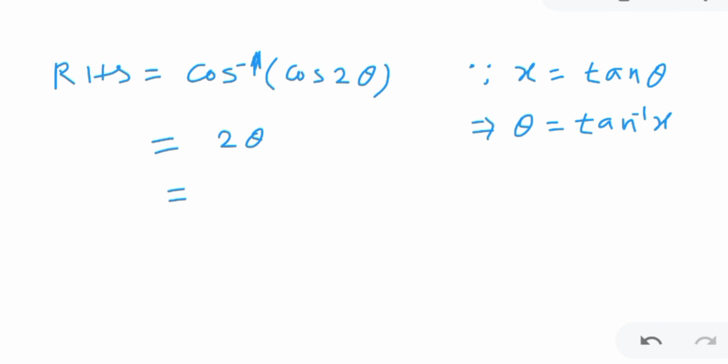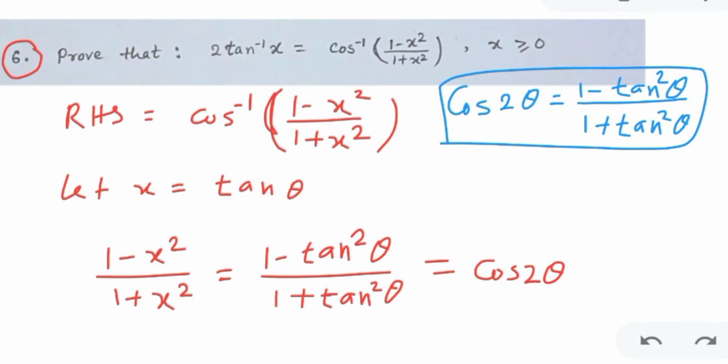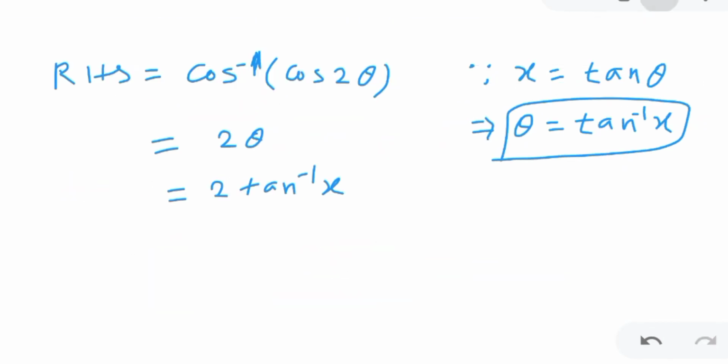This also I discussed in previous videos: x will go to this side and theta will come to this side, so theta will become tan inverse x. So 2 theta means 2 tan inverse x, and this is nothing but the LHS, 2 tan inverse x. This is an important question; this type of question you will get in 2 marks or 3 marks. So, proved.